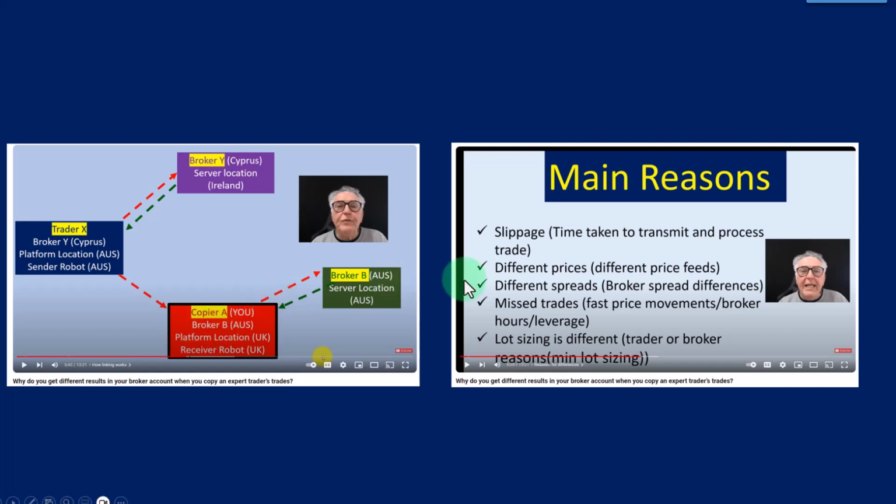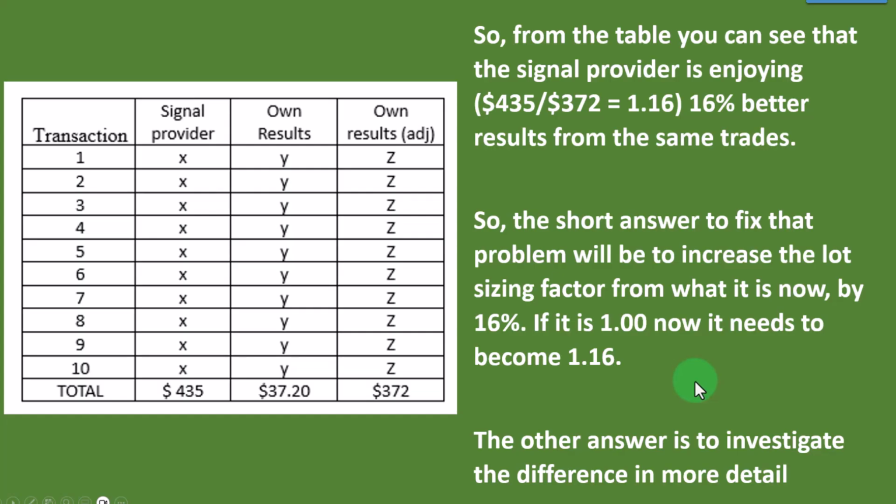I also go into other reasons for slippage: different prices, different spreads, times of transmission. There could even be weekend closes, where one broker closes at 9 o'clock and the other one at 8 o'clock, and so on. So there's lots of reasons why there's slippage, and those are some of the reasons why you should test your service.